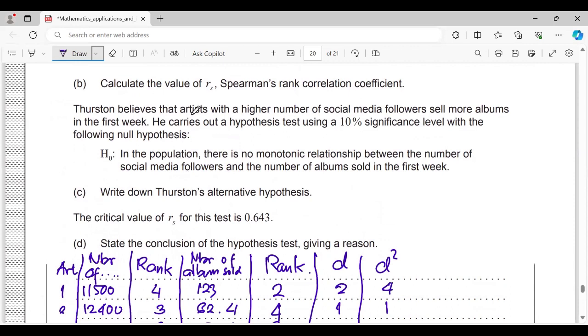Thurston believes that artists with a higher number of social media followers sell more albums in the first week.